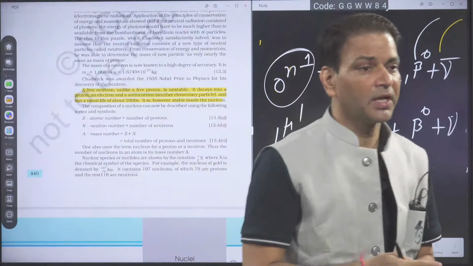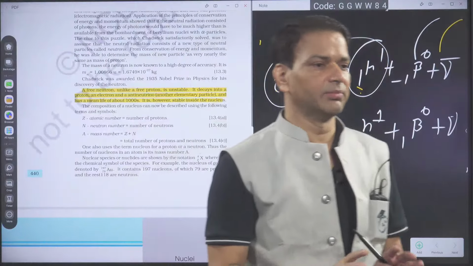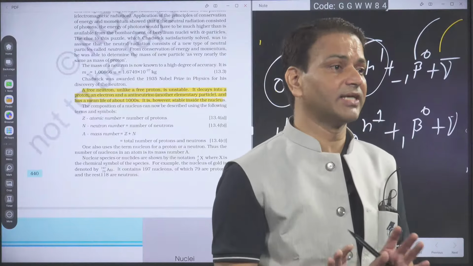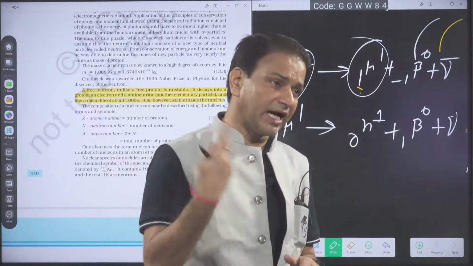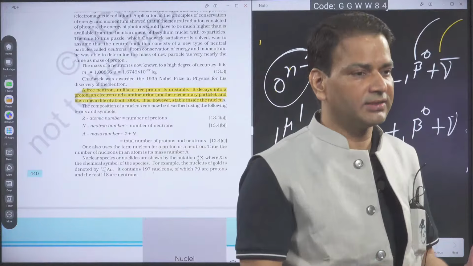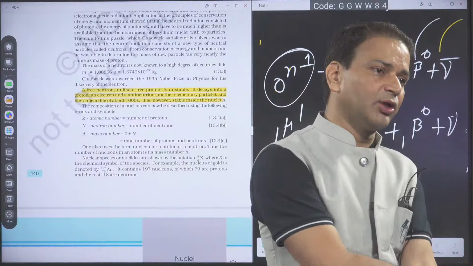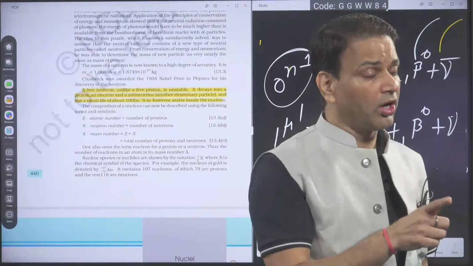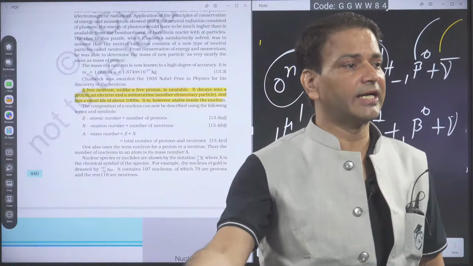So that is for free particles. Inside the nucleus, both neutron and proton are stable, but both can also disintegrate according to the need of stability. A proton will only disintegrate inside the nucleus.